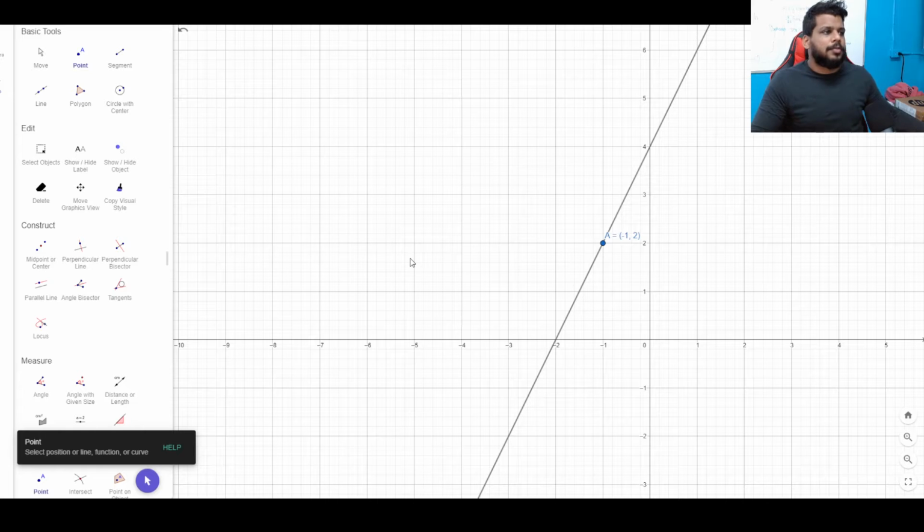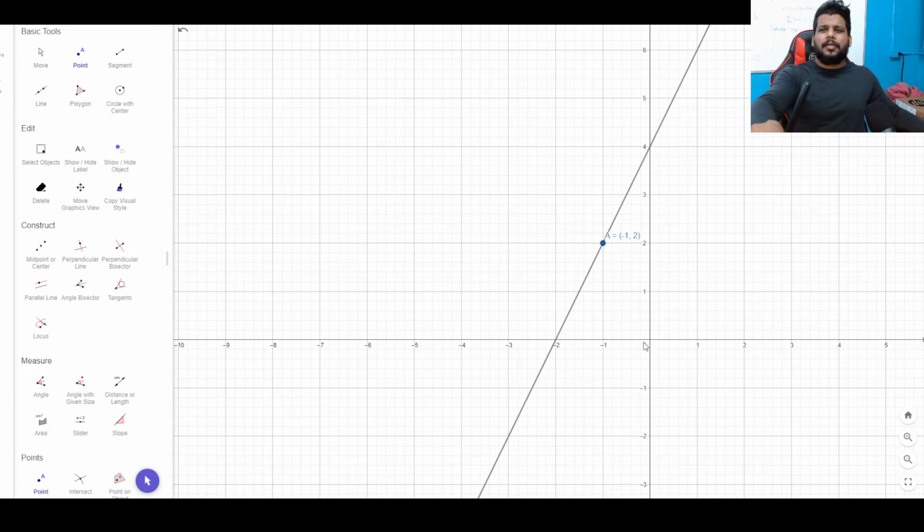For our next point, when x is 0, ask yourself, do I have to go up or down? You have to go up to meet the graph. When I go up, I get y is 4. So (0, 4) is the next point.